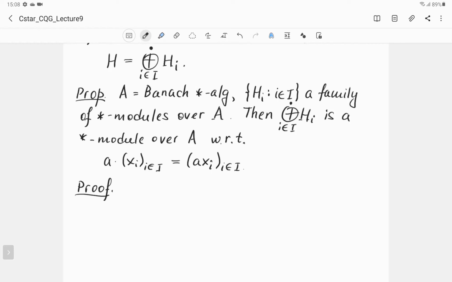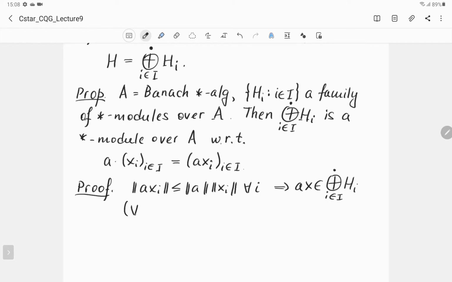If we have a star representation pi, then the norm of pi of A is less than or equal to the norm of A. In particular, this implies that for each i, we have the following inequality, which implies that the above action of A on the Hilbert direct sum is indeed well defined, for each A in our algebra and for each X in the Hilbert direct sum.